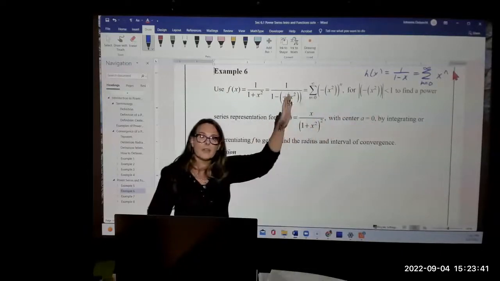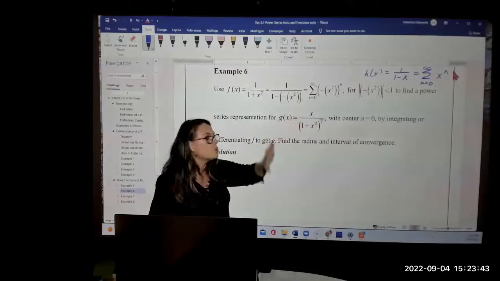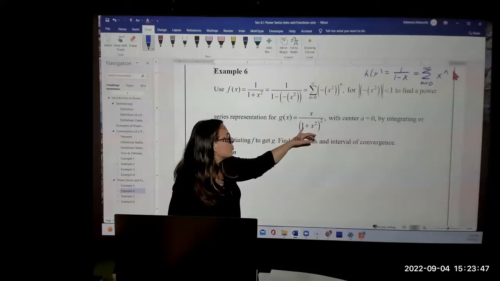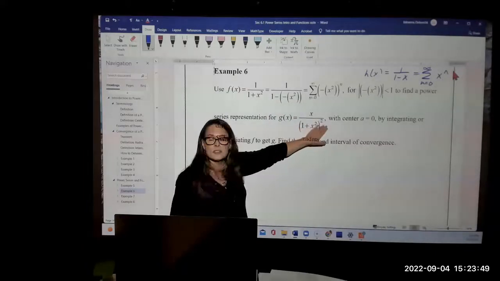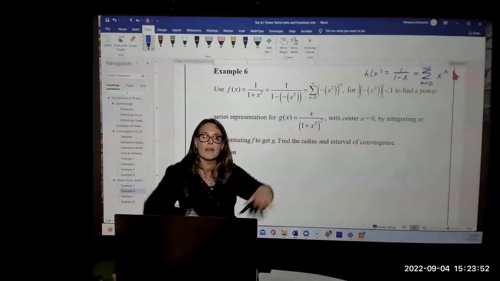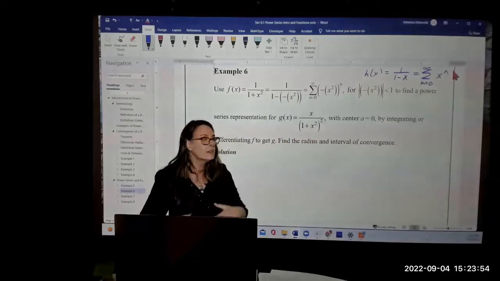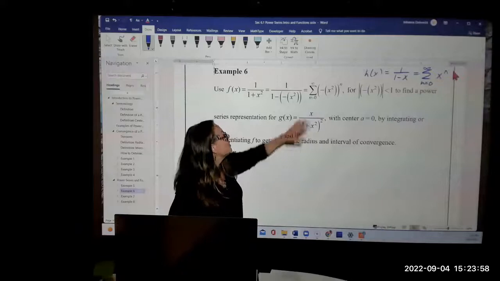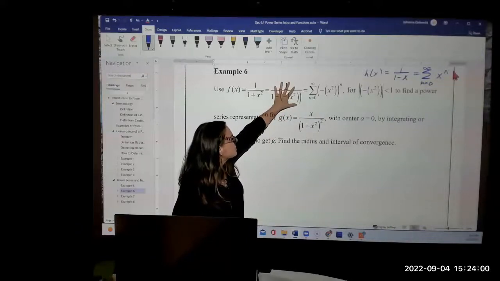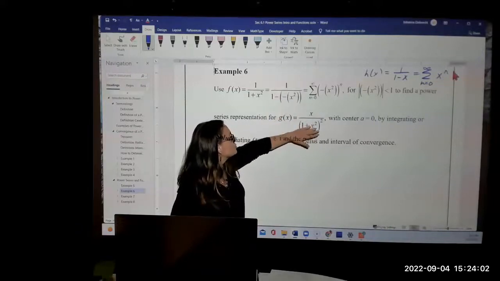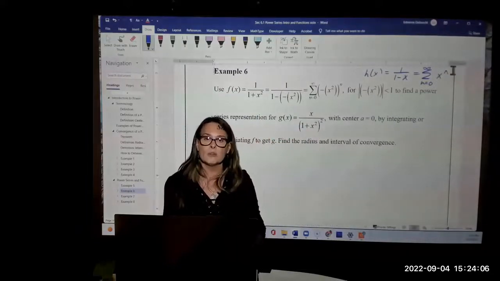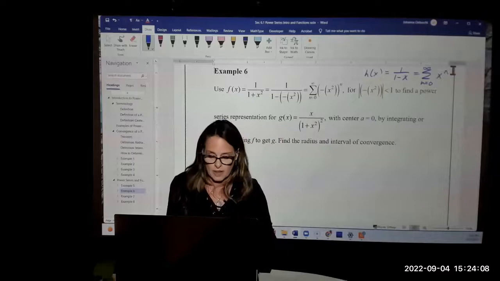We have to have a constant on top and 1 minus something with the variable. We have a 1, but it's inside the square. So we don't have the 1 outside minus something with the variable. So we can't write it in that form, but we can take this one and we can do something to it by either integrating or taking the derivative to try to develop it.